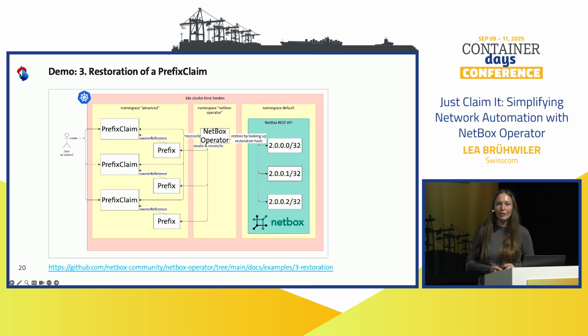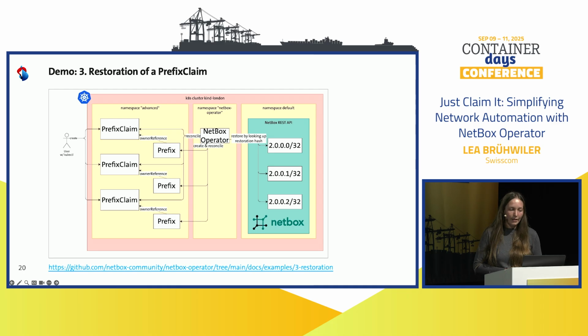And then I want to continue with another example. So before I mentioned that NetBox Operator also supports sticky IPs. So for this, we have a flag called preserved in NetBox. And if this flag is set to true, the prefix won't be deleted from NetBox if you delete the prefix claim custom resource.